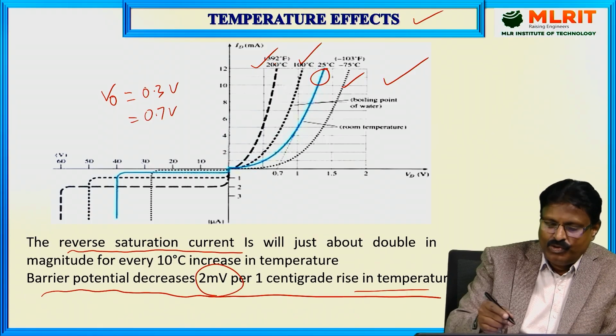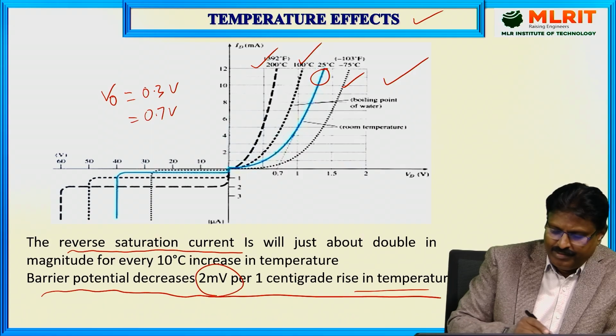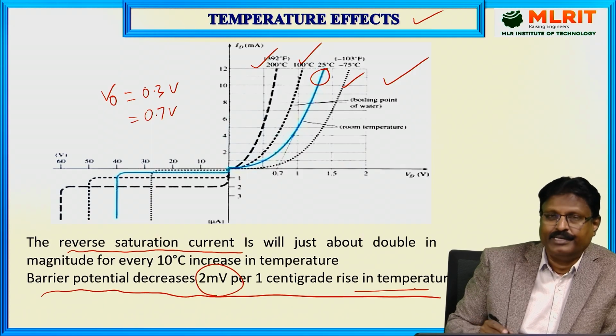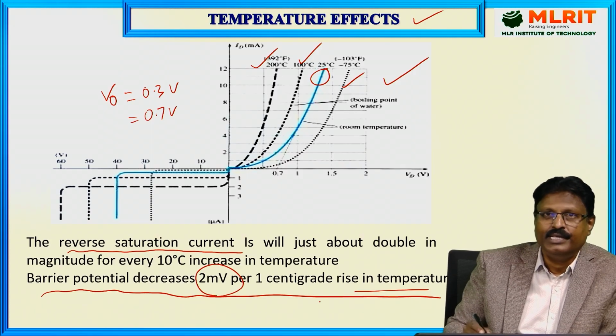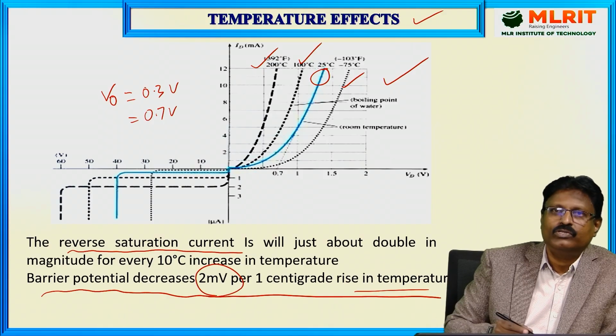Okay. So as you can see here, whenever the temperature is increasing, the barrier potential goes on decreasing.